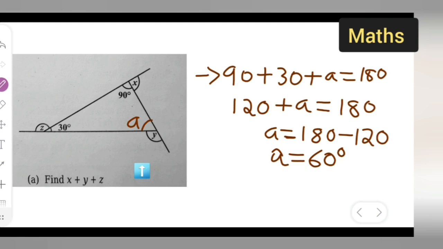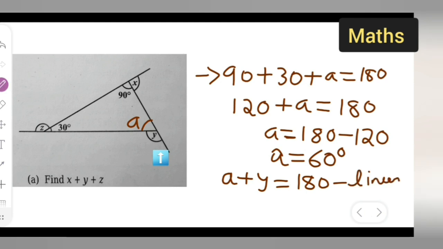So we can find out the linear pair. A plus y is equal to 180. Okay, let us do the linear pair. A plus y is equal to 180. So this is your linear pair. Now we got a as 60, so 60 plus y is equal to 180.